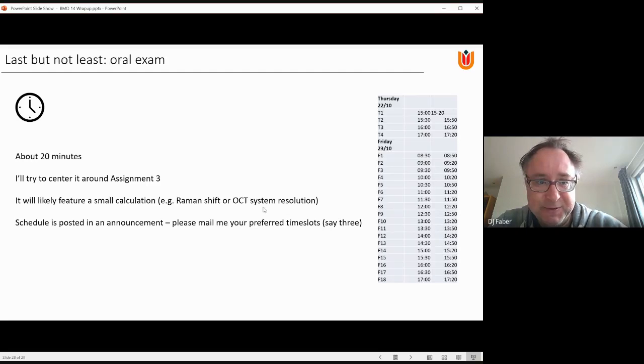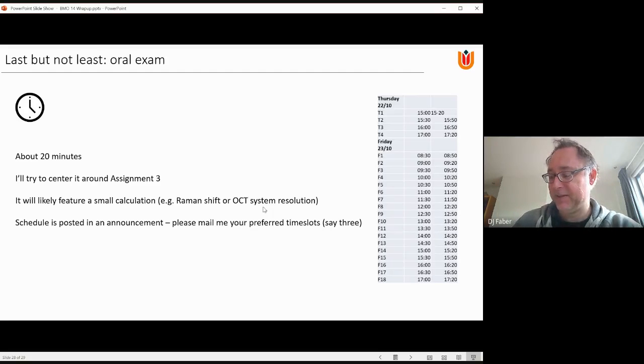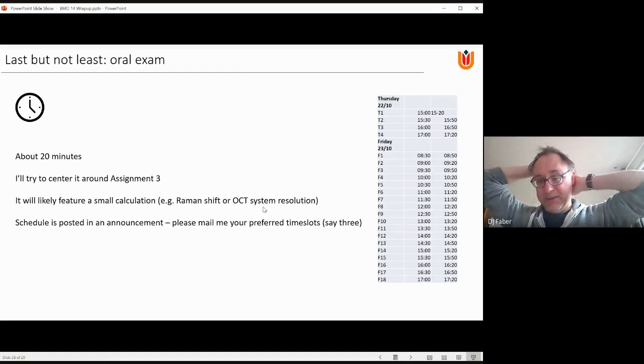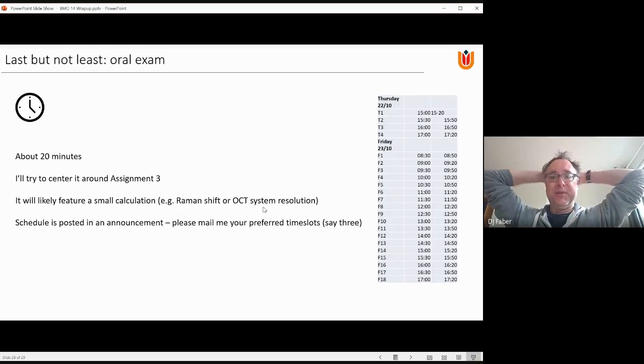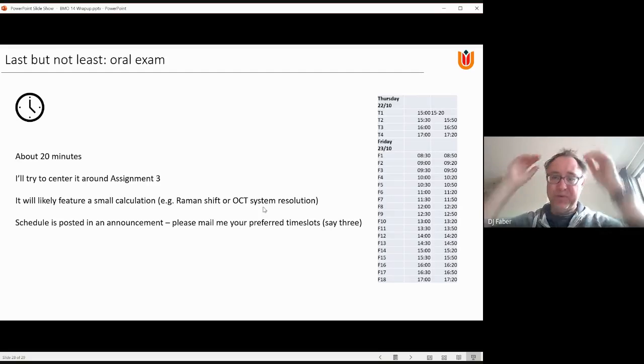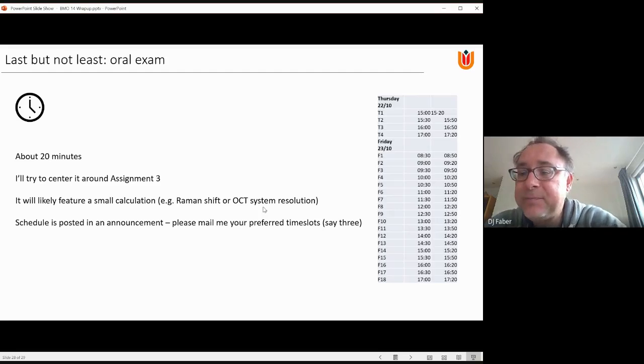The logistics of the oral is a little bit challenging because we have 21 students. So my proposal is, if some of you are feeling up to it, to have a couple of exams already on Thursday, because otherwise I can't fit everything on Friday, I'm afraid. So I'll put this in an announcement as well.